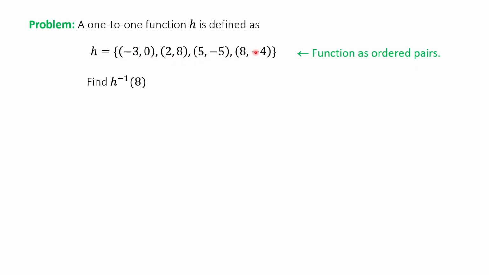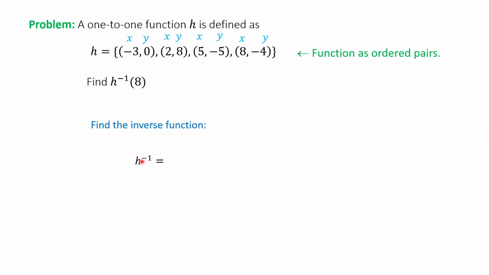These are ordered pairs. That is, this is x, this is y, this is x, y, x, y, x, y. To find h inverse of 8, first you need to find the inverse function. That is h inverse.